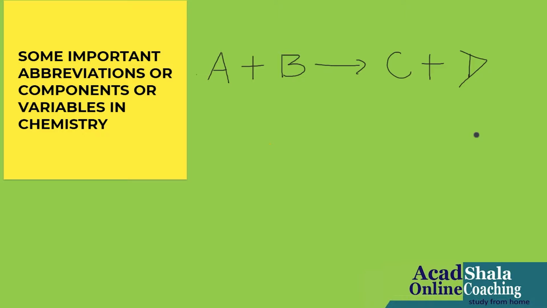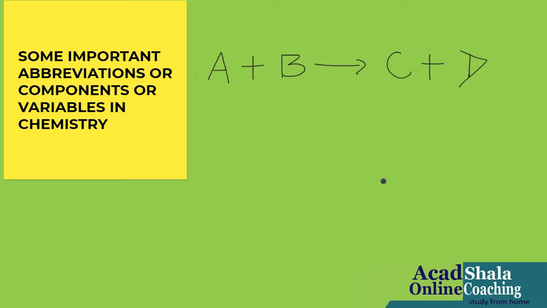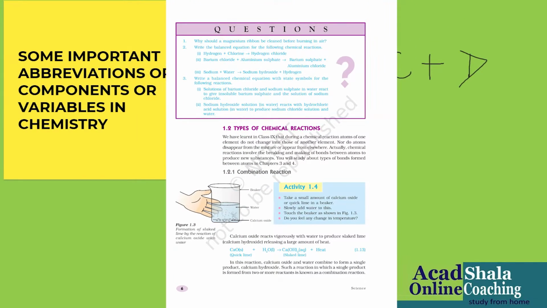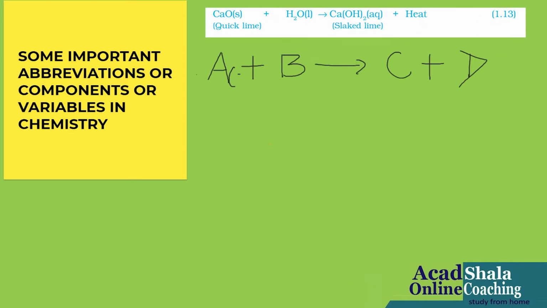Now you must have seen in your NCERT book or any other reference books where in the bracket sometimes it is written S, sometimes it is written L, sometimes it's written with the arrow facing upwards or somewhere it is written AQ.